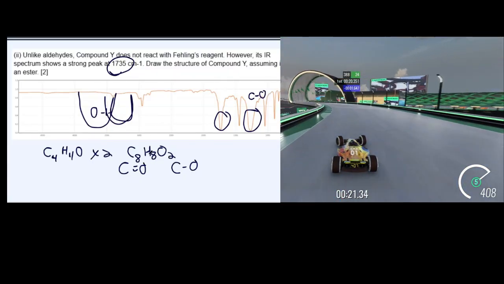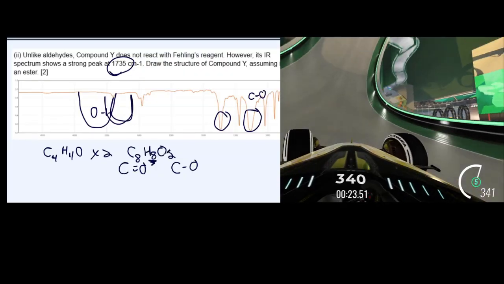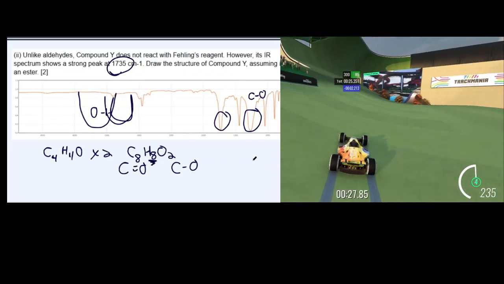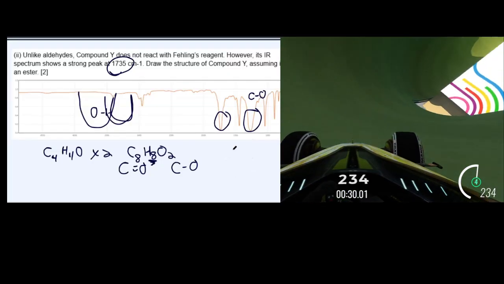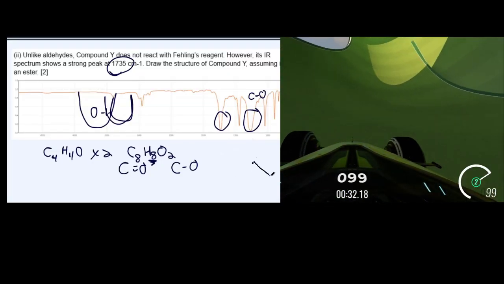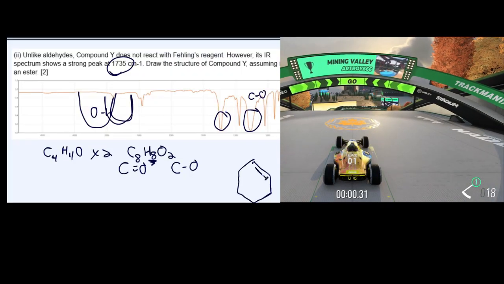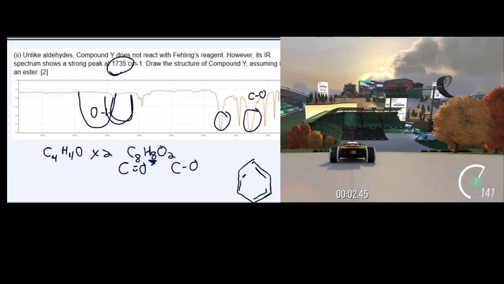The first thing I'm going to be suspicious of is that we have a lot of H8s, and we've already talked about aromatic rings before. So I'm going to start by drawing an aromatic ring. This is only a total of 6 of our carbons.